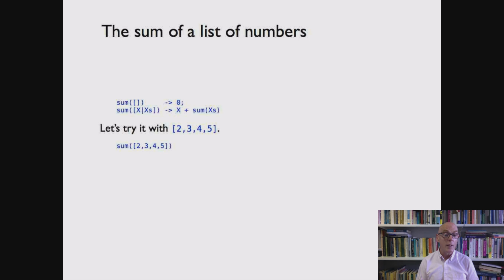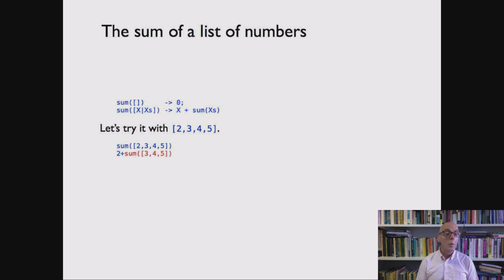So we can do it with the list 2, 3, 4, 5. We start off, we've got to sum 2, 3, 4, 5. Well, the first case doesn't match, the second case does. X matches 2 and x's matches 3, 4, 5. So that is the same as 2 plus the sum of the list 3, 4, 5.